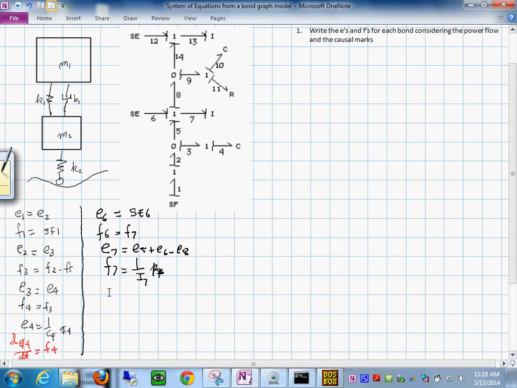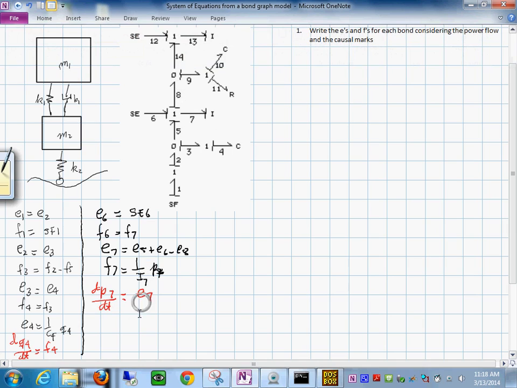And then the second differential equation comes up. So I'm just going to change colors again and say dp sub 7 dt is equal to E sub 7. That is the second differential equation that we have.